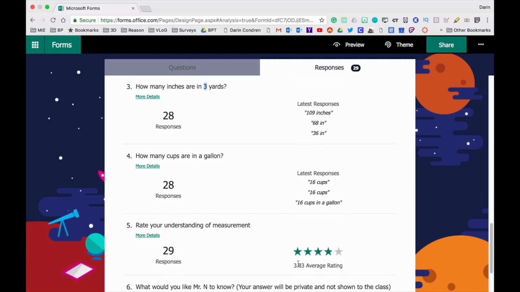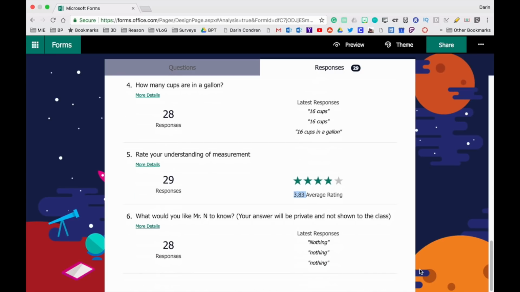You can see that the class as a whole thinks that they have a fairly good grasp of measurement. And again, this would indicate to me that we just need to tighten up a couple of things, and it's probably okay to move on.